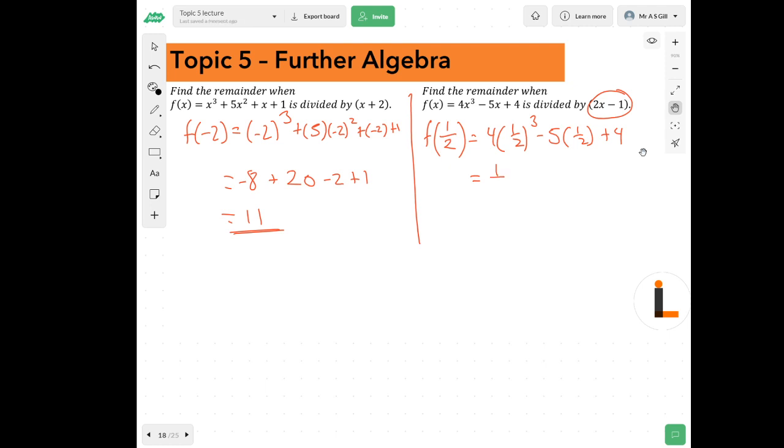So this is going to be 1/2 minus 5/2 plus 4, which will work out to 2. So we've got our two remainders here for both these questions, right? 11 and 2.